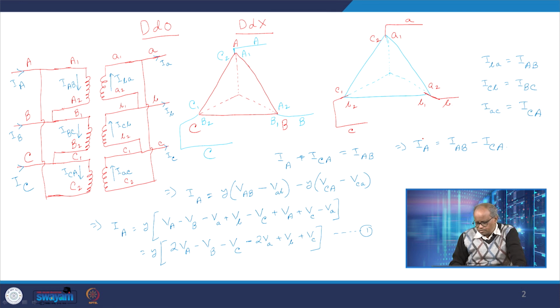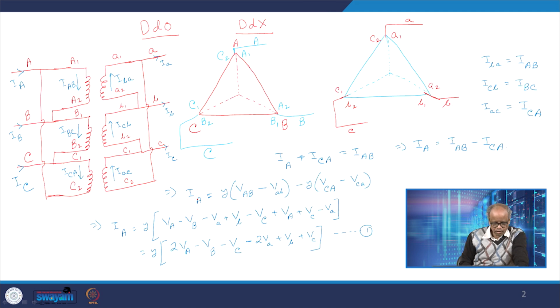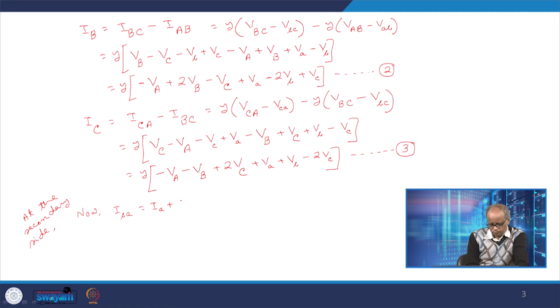So IBA at the secondary side is equal to IA plus IAC.